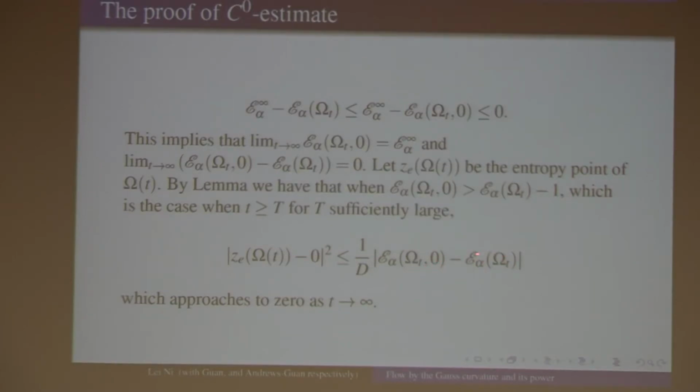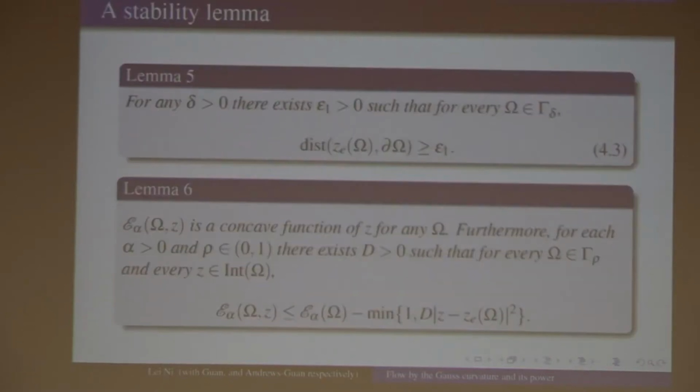But we know this goes to 0, hence this goes to 0. On the other hand, we have this lemma. This lemma tells you the entropy point always keeps a fixed distance away from the boundary. So that tells us the origin has a fixed distance away from the boundary, and hence the lower bound of the support functions. Okay, that's the argument.